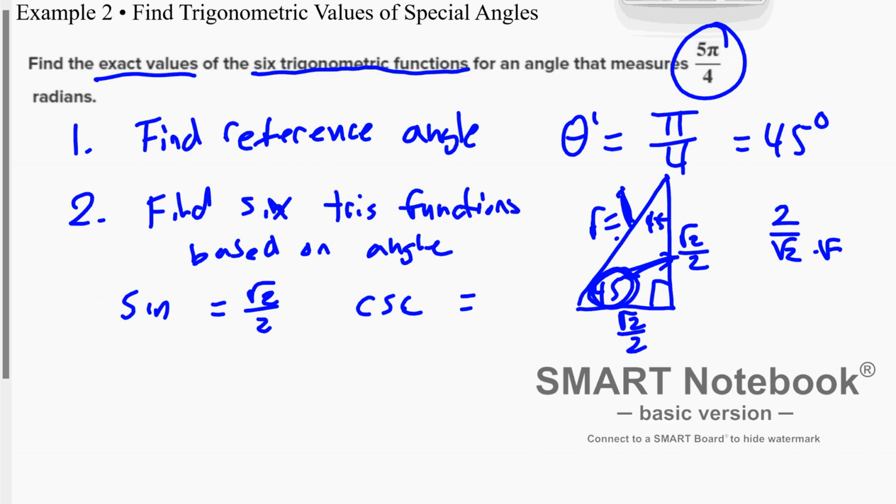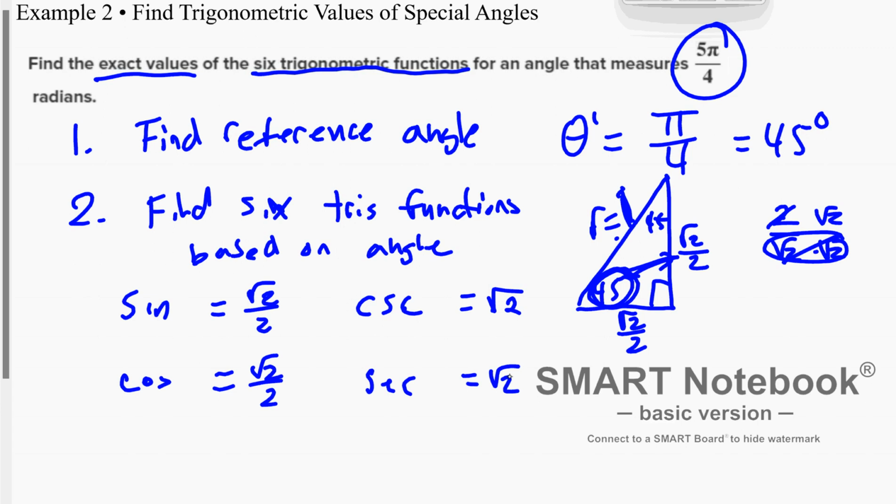We'll rationalize that, because root 2 times root 2 is 2, so these would cancel, and I would just get root 2. Then cosine of 45 would be the exact same, root 2 over 2, and its reciprocal would be the same. Secant of the angle equals root 2.